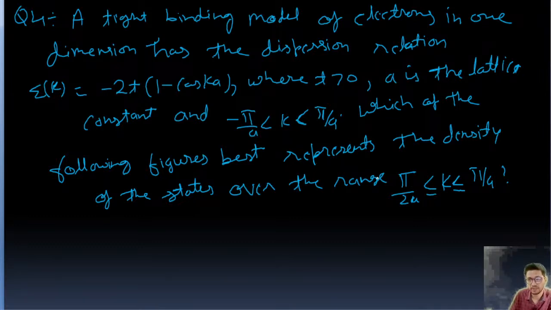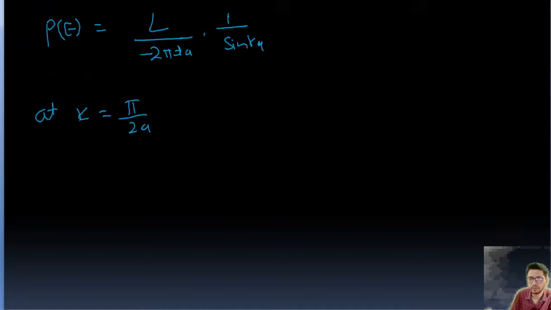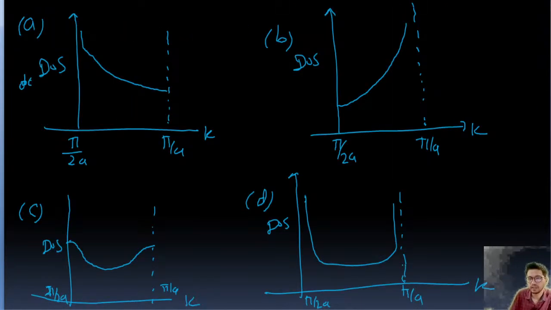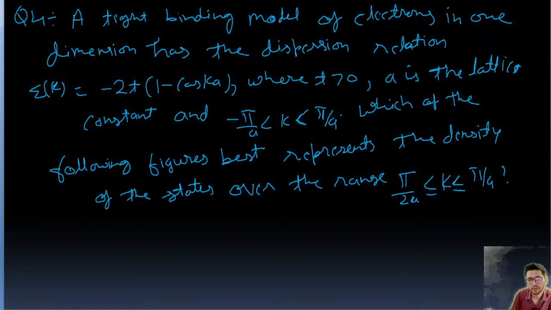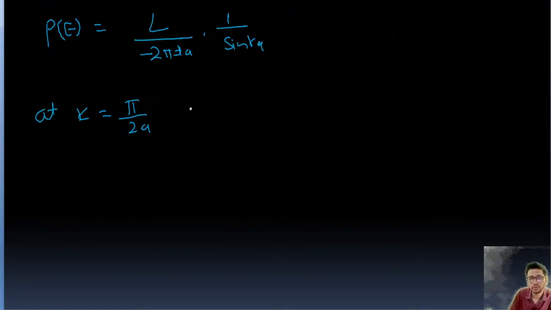That represents the best figure, that graph in the range given. So at k equal to pi by 2a, the range is given, right? So at k equal to pi by 2a, the density of state is going to be, instead of k we'll put pi by 2a.